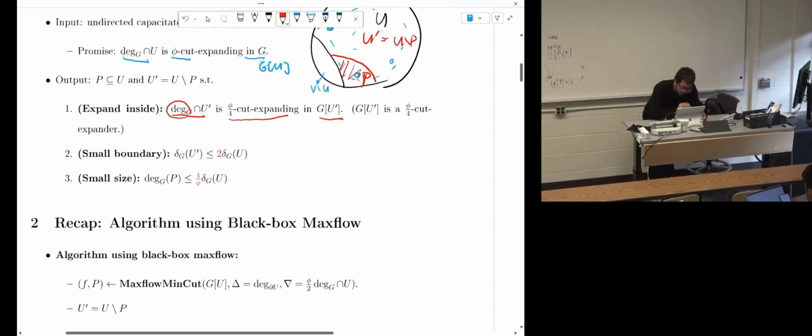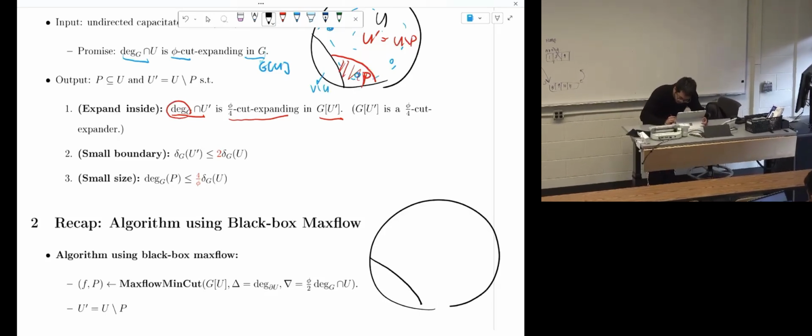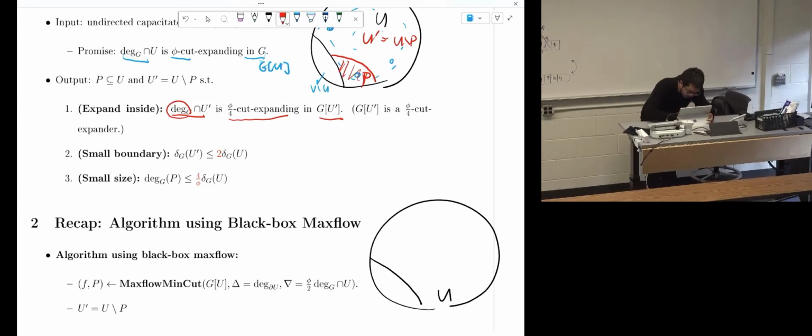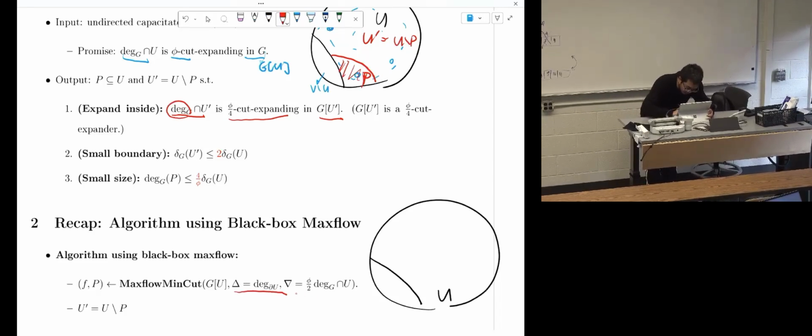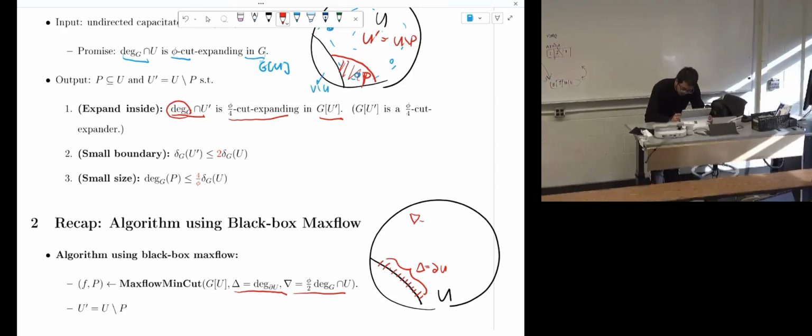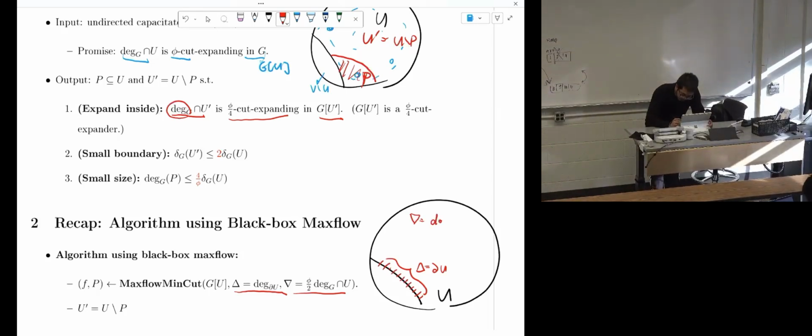You have the graph, and this is U. So what we try to do is just try to send max flow from the boundary to the degree inside U. Try to send flow from here, which is like the boundary of U, and the sink is just degree in U, but scaled down by phi.